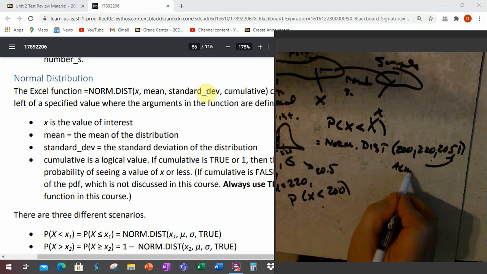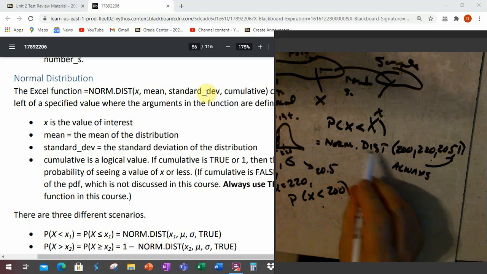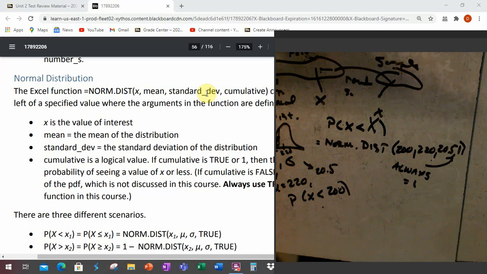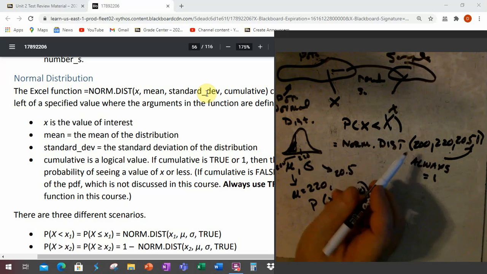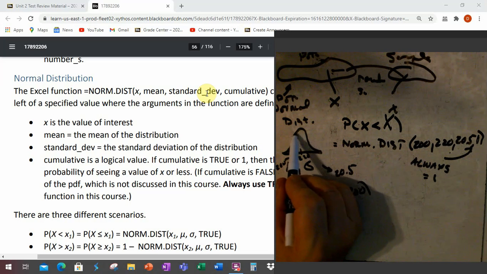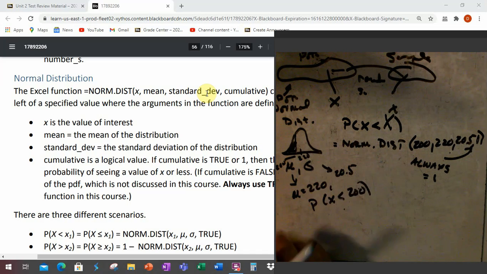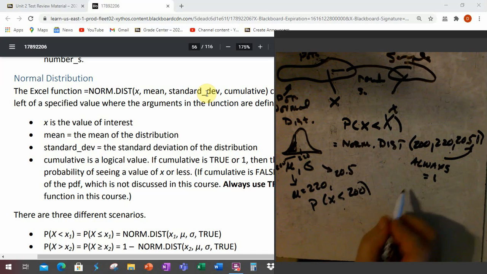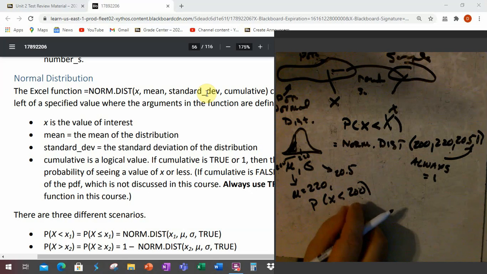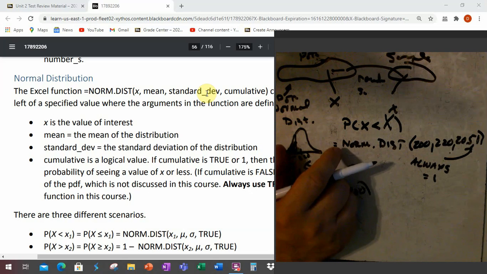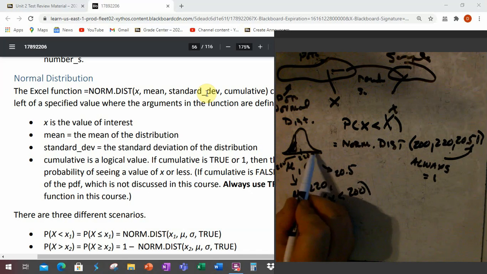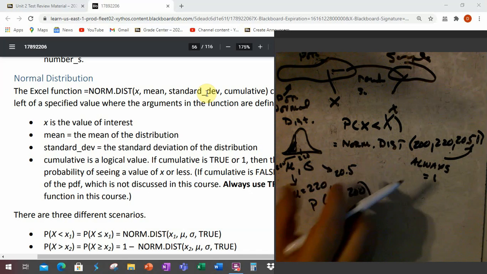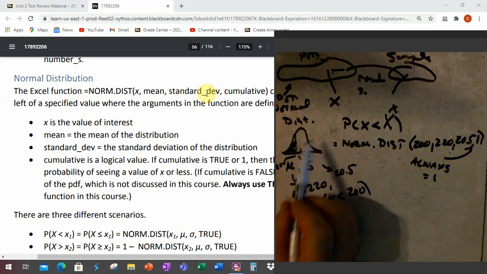Always, always, always, for the norm.dist, this is equal to 1. Okay? You always want the area. The only thing that 0 would give you is the height of this thing, and the height of a line is not an area. It is not the same thing as saying, well, I want x equal to exactly 200. There's just an infinite number of numbers in here, right? Any two numbers, I can divide it and get another number in there, and I keep doing this thing.